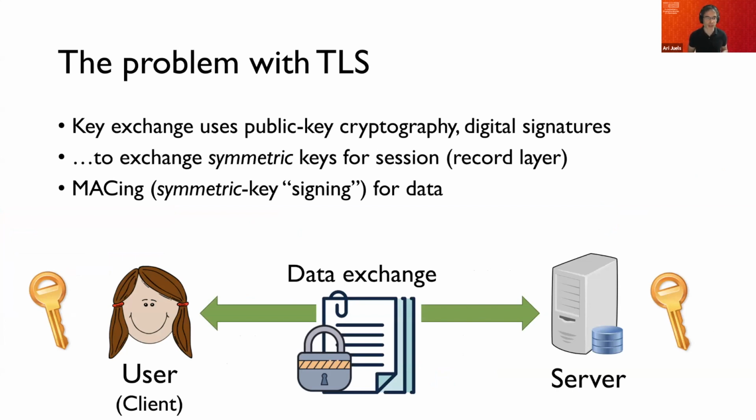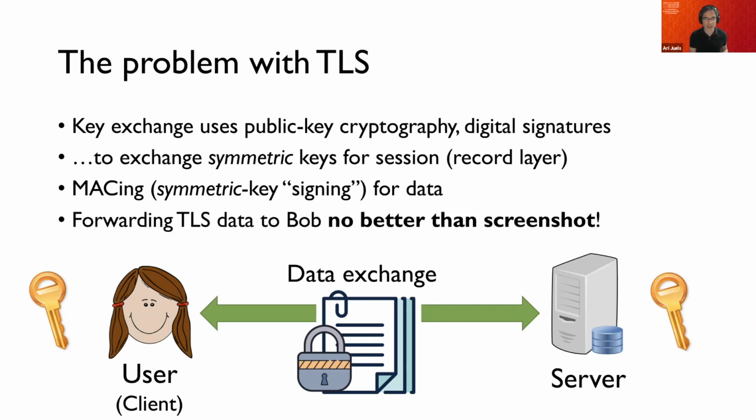There may be a message authentication code, a symmetric key signature, attached to the data. And this effectively means that Alice is equally able to create valid looking data on this channel as the bank is. So forwarding TLS data to Bob is basically no better than a screenshot, as we can't take advantage of the security in this secure channel.